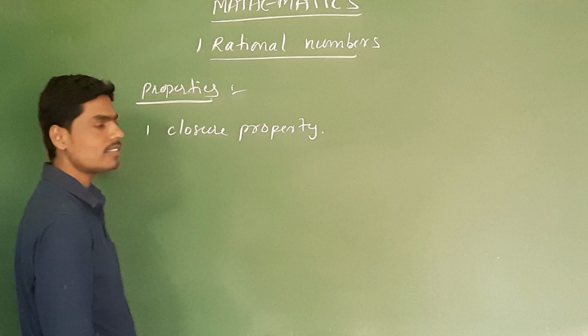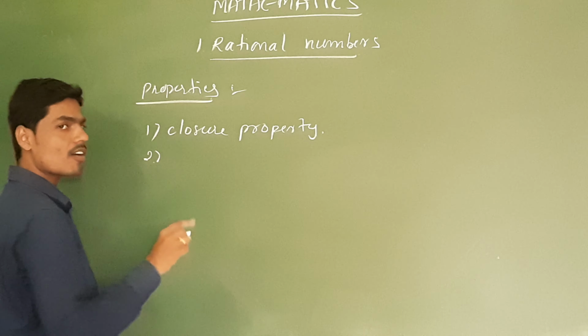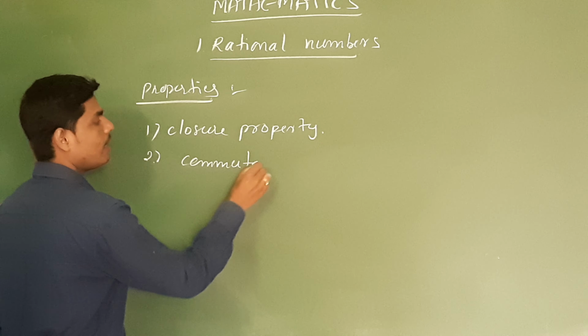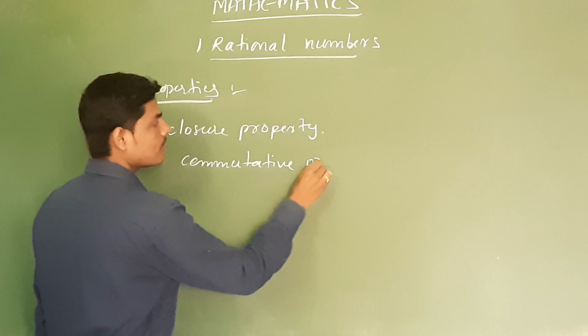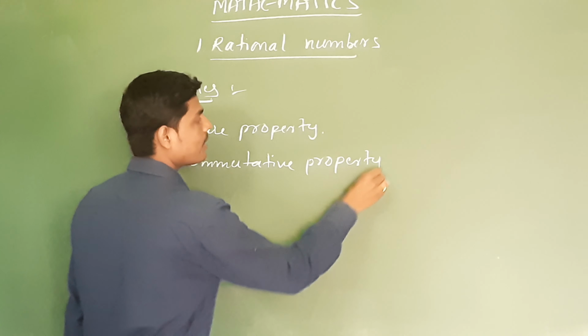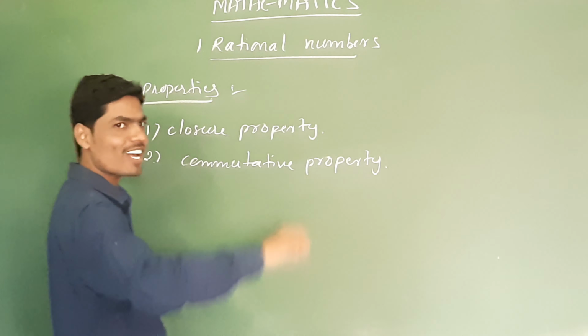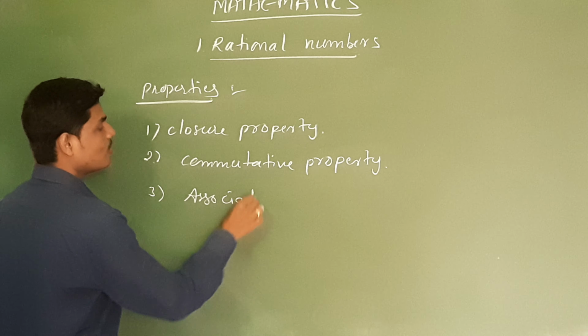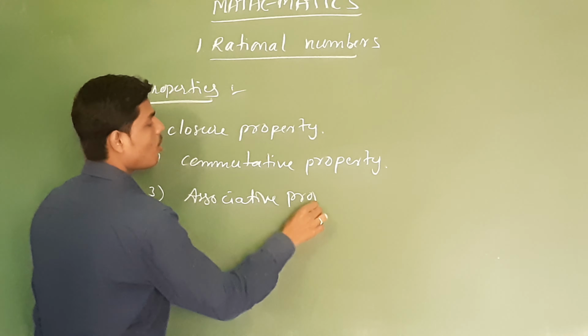The second one is the commutative property. And the third one is the associative property.